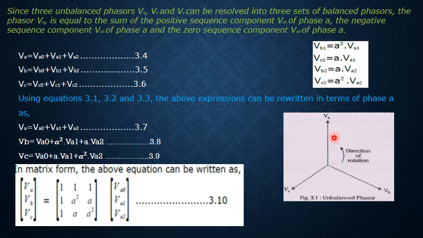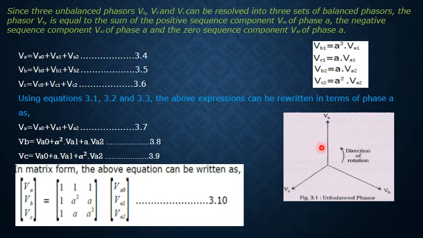Three sets of balanced phasors. So the phasor VA will be equal to what? The sum of the positive sequence component VA1, the negative sequence component VA2, and the zero sequence component VA0.